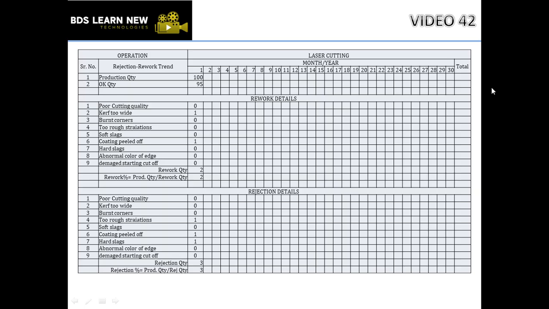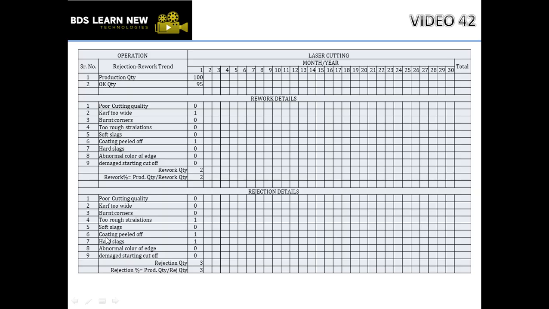From this sheet we are getting the PFMEA details, like what defects we are getting for the process. For example, for 100 minus 95, there are 5 not okay quantities. So 2 quantities I am getting for rework and 3 quantities for rejection. So that's how I can calculate my rework percentage and my rejection percentage.